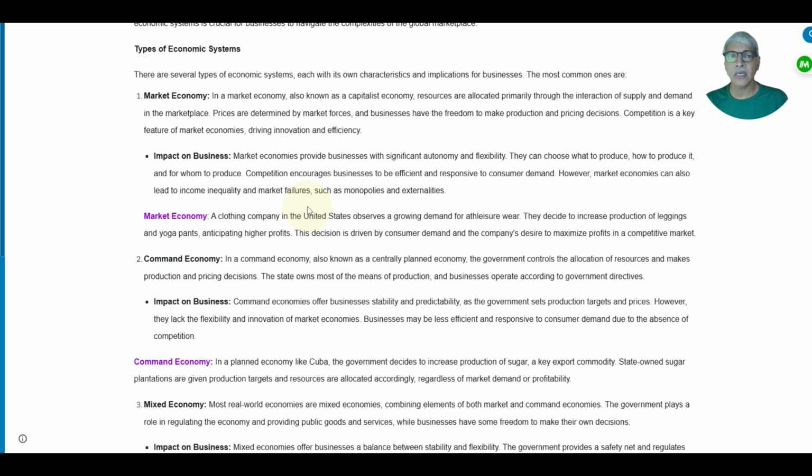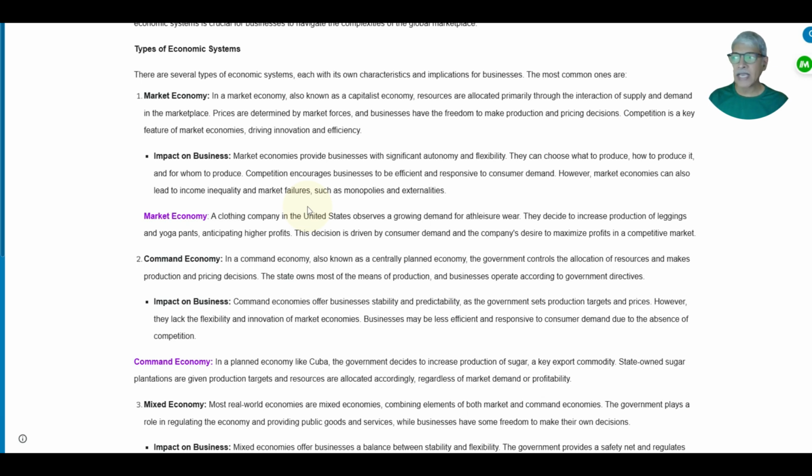So suppose one particular company is able to stock more butter in the shops very near to their houses, then this is efficiency. And innovation, suppose they are able to make the butter in a much cleaner format, then also this is innovation. So this way, this is market economy.